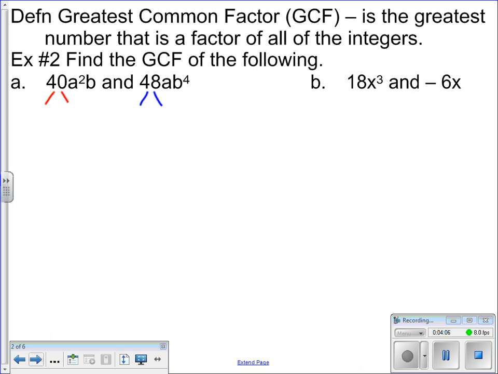Okay, so if you did 40, you might have done 4 times 10, and 4 is 2 and 2. 10 is 2 and 5. 48, that's 4 times 12. Or you could do 6 times 8. 6 is 2 times 3. 8 is 4 times 2.